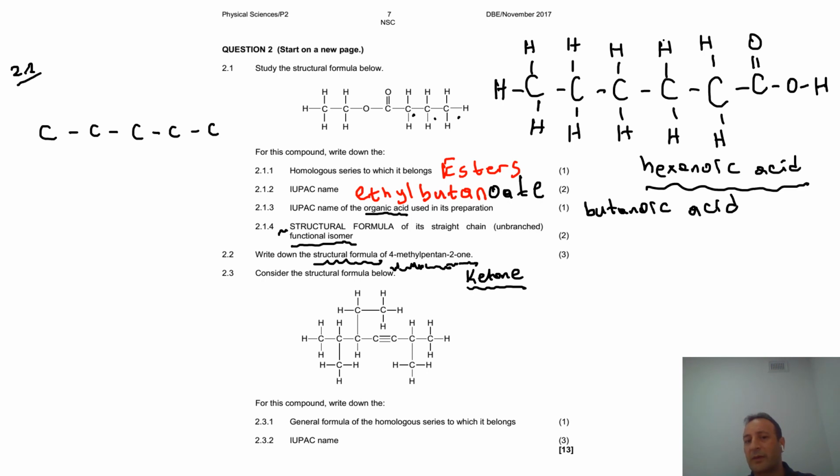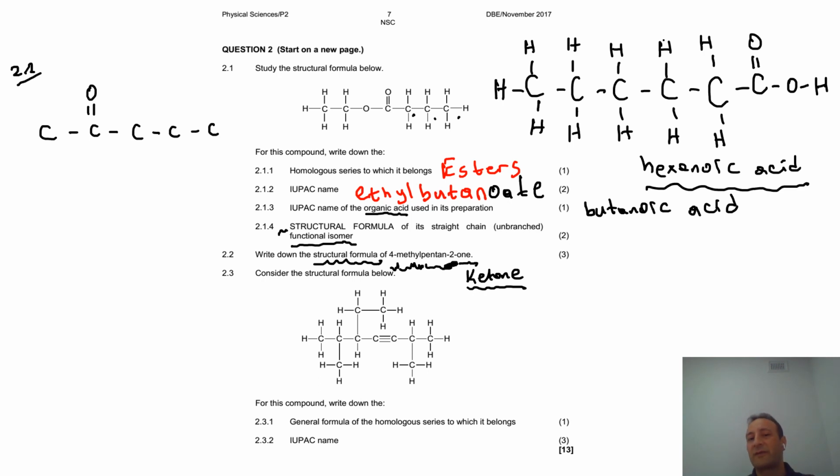For a pentanone, or pentan-2-one, for a ketone, the functional group is the carbonyl group. Carbonyl is the carbon atom attached to an oxygen with a double bond, and it must be on the 2nd carbon. So here I write a carbonyl group, carbon double bonded to oxygen.